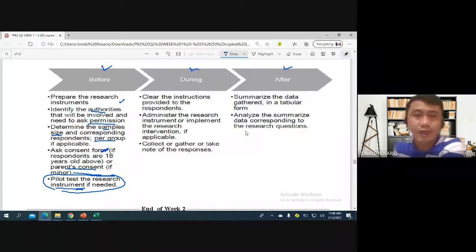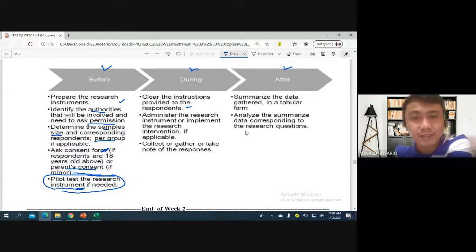Okay. Next, during. What are we going to do during the data collection? Clear the instructions provided to the respondents. Ipaliwanag ng maigi yung instructions na nilagay natin doon sa ating questionnaires para hindi malito o baka mali yung maisagot kung hindi klaro yung instructions.